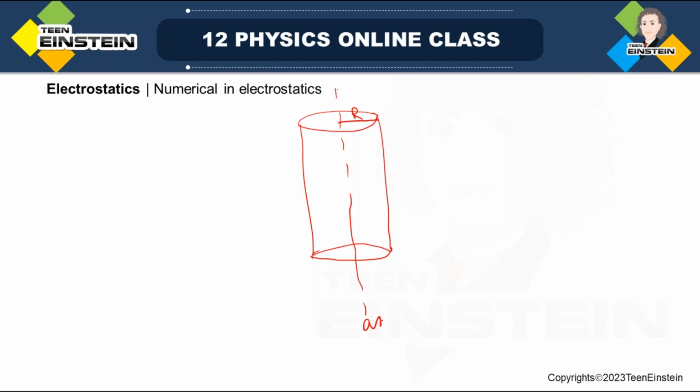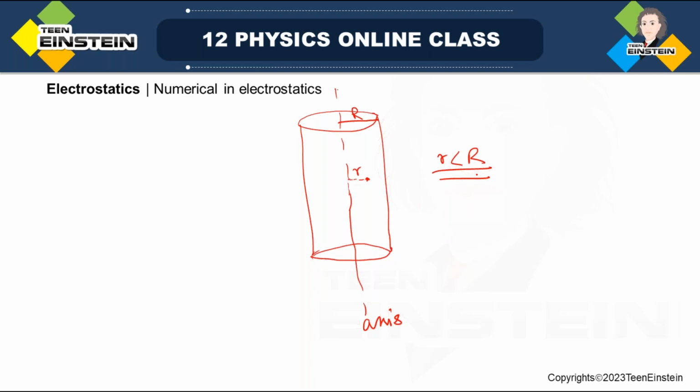Suppose this is the axis. Radius is capital R, and you have to find the electric field at a distance somewhere here, at this place, which is small r, and this r is less than capital R. So how to solve this problem?